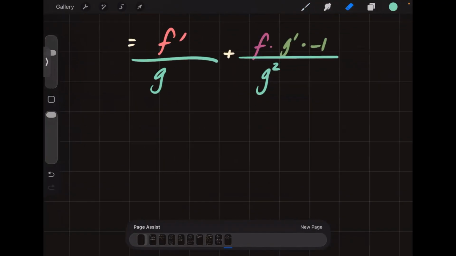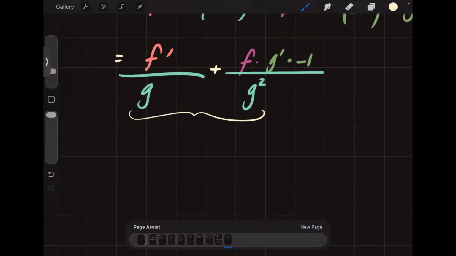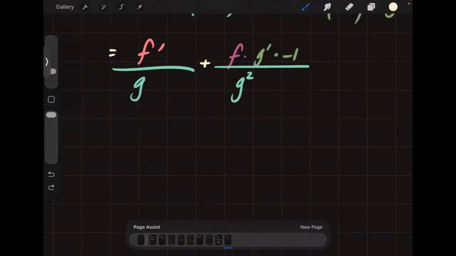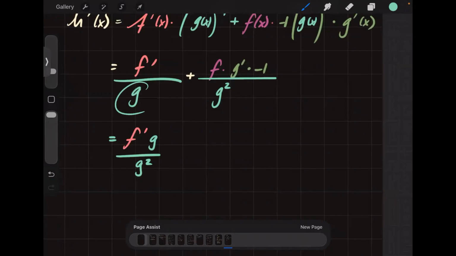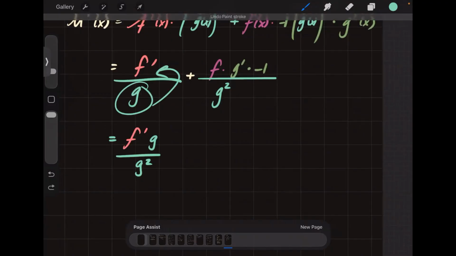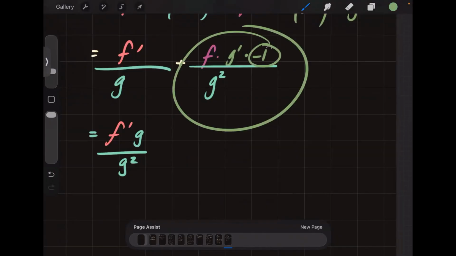Okay, let's reorganize it one more time, right? We want to combine like terms, and these almost have a common denominator, right? This is g to the first, this is g squared, right? That is okay, because then we can write this as, oh, this is the same as saying f prime times g all over g squared, right? Because you multiply g on top and on the bottom. Oh, this right here makes the whole thing negative.